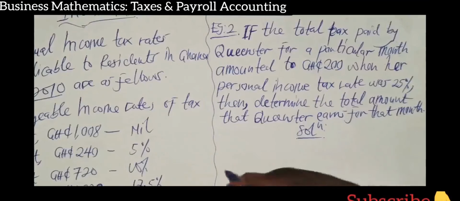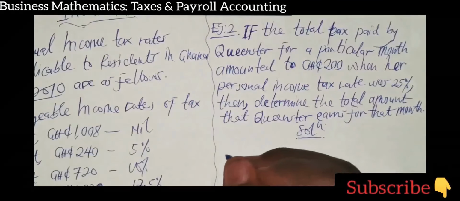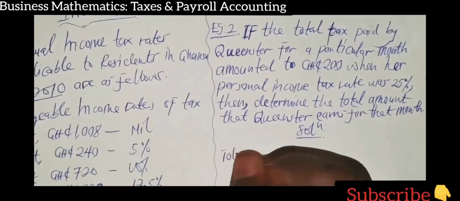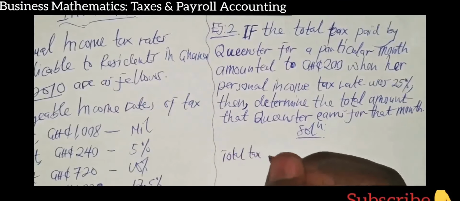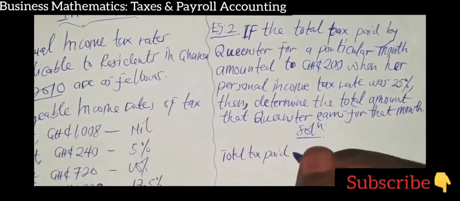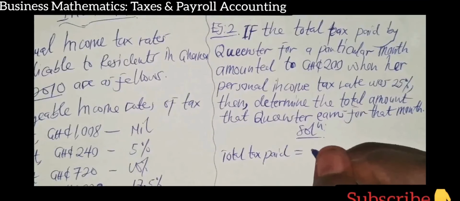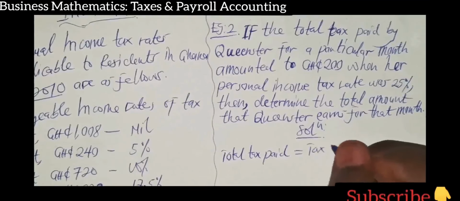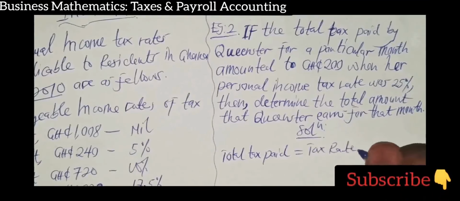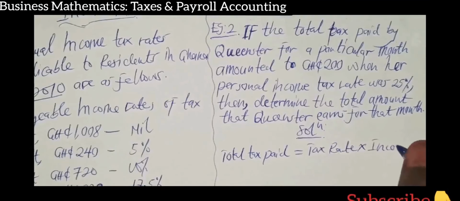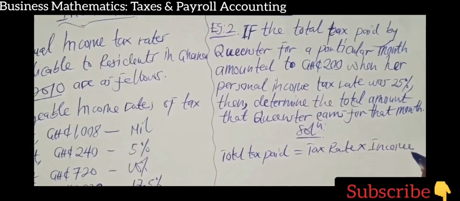So here we can say that my total tax paid is equal to my tax rate multiplied by my income. That's what we're going to say.